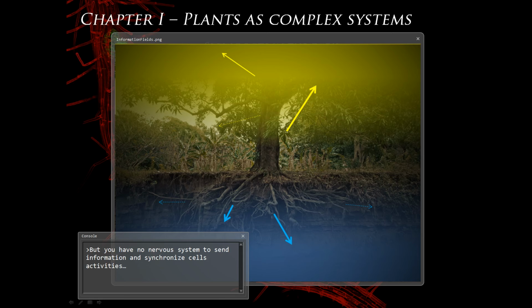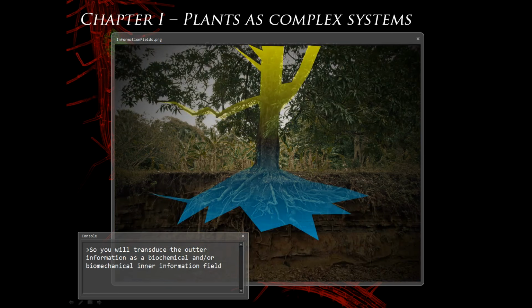So you need an alternative solution. And plants have evolved to transduce the outer information as biochemical and/or biomechanical inner information fields. What do I mean? I mean that the cells will read those biochemical and biomechanical information fields, and react accordingly. For example, redirecting the growth in the direction of maximum light or maximum water content.